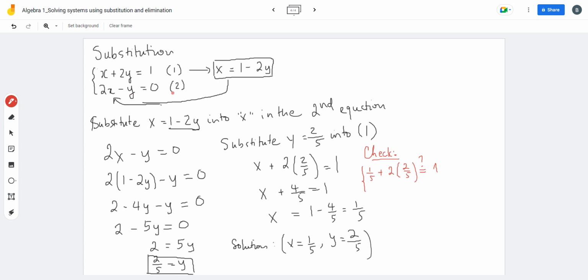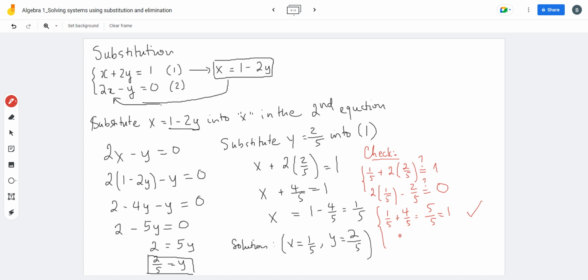So 1 over 5 plus 4 over 5 equals 5 over 5, and this is equal to 1. So the first equation checks out.